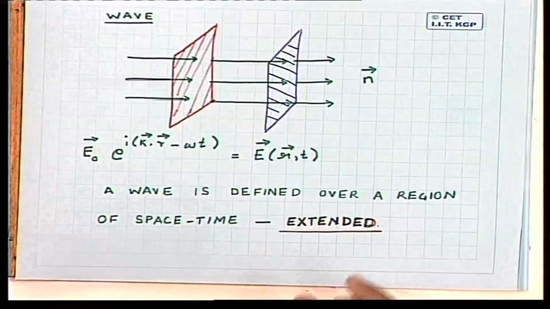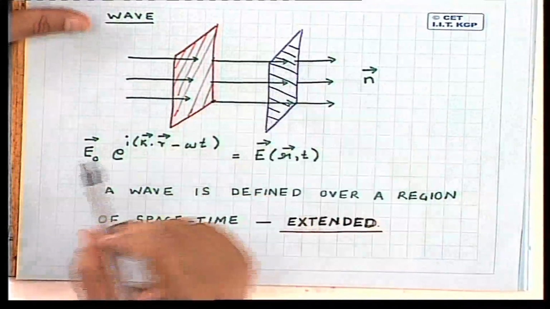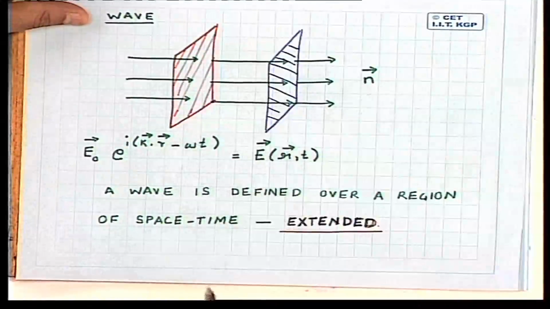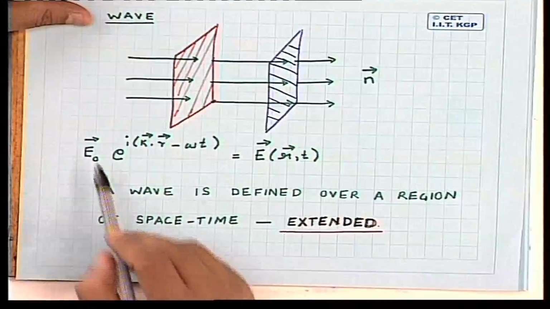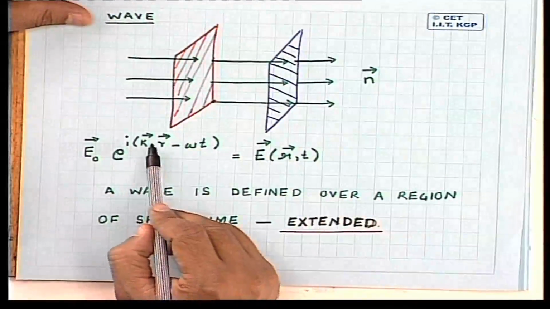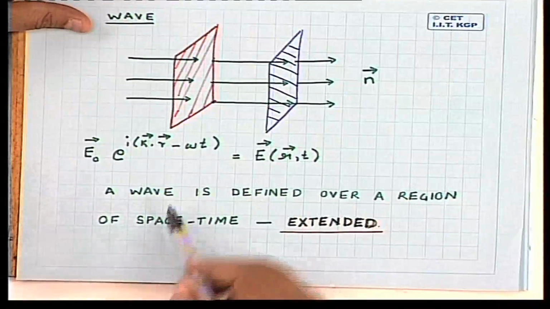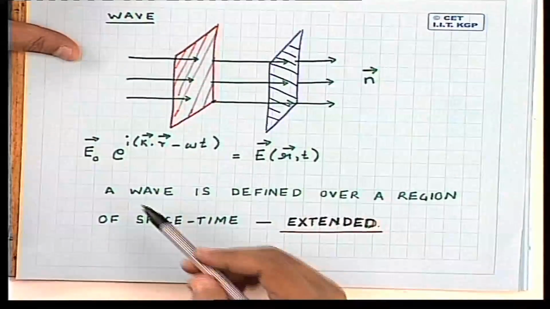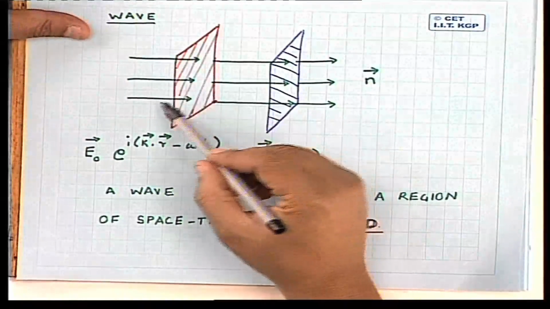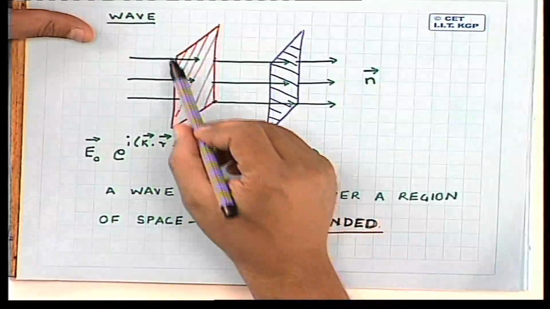Now, let us discuss what are the main differences between the wave picture and the particle picture. If light is a wave, let us say propagating in this direction n, and this is the mathematical representation of a wave, e to the power i(k dot r minus omega t), which is the phase, then the main feature which you should note, the main difference from a particle, is that the wave is an extended quantity. That means the electromagnetic wave, the electric field and the magnetic field, are non-zero over a region of space.